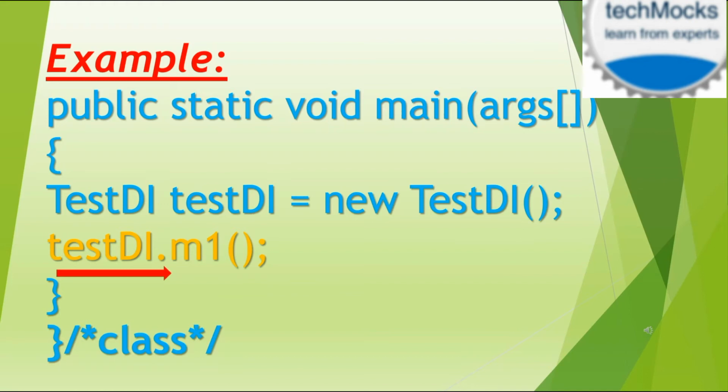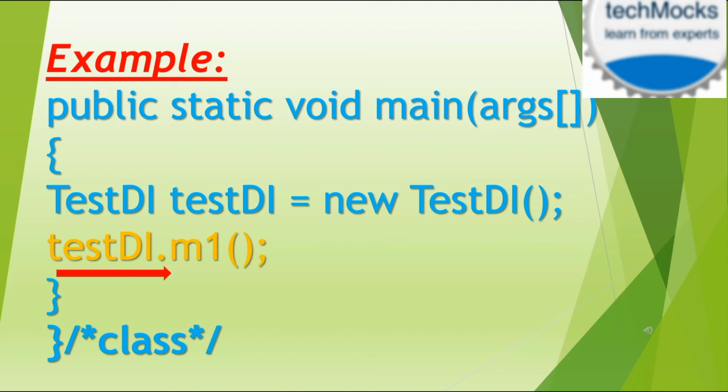Now I am calling the method m1 which is there in the testdi class. So you need to focus on this statement, testdi.m1. Here I have created the object first and then I am calling the method m1. Without the testdi object, we can't call this method m1.